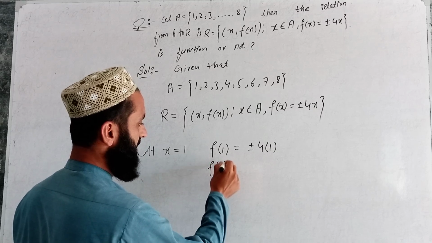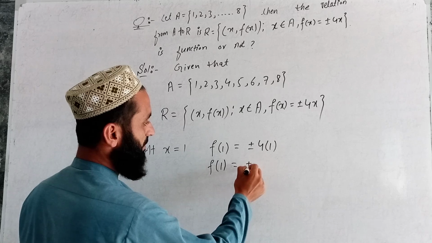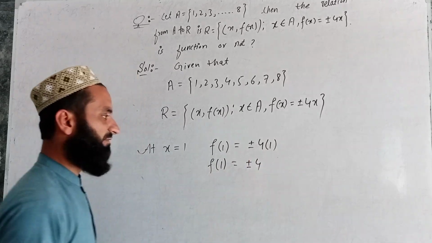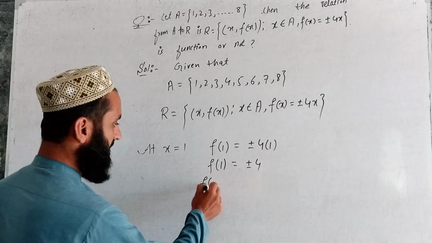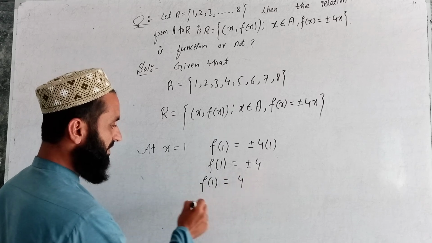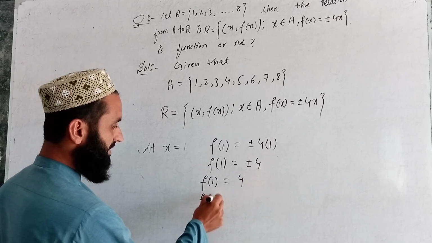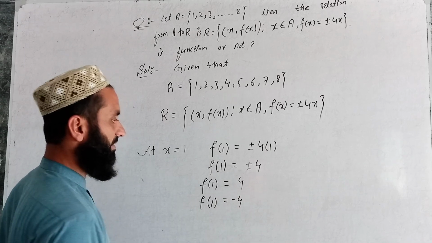So at x is equal to 1, the range of the function equal to plus minus 4. That means that at x is equal to 1, f(1) equal to plus 4. Similarly, at x is equal to 1, f(1) equal to minus 4.